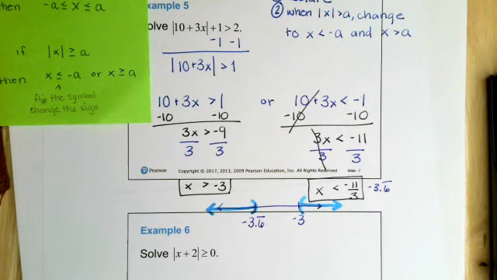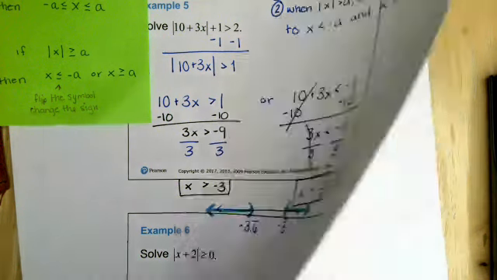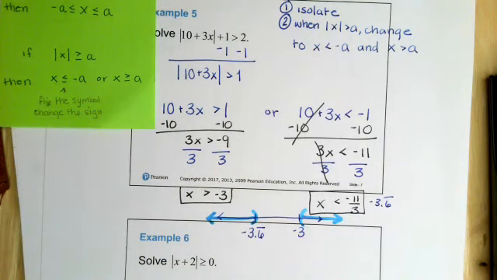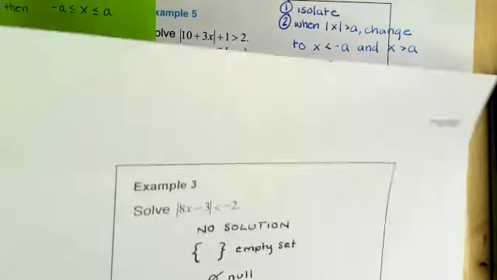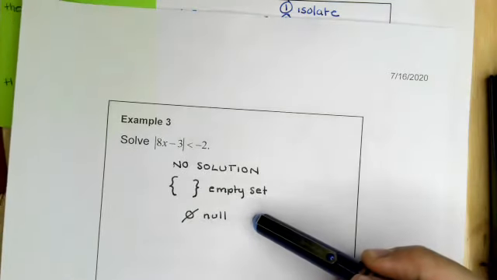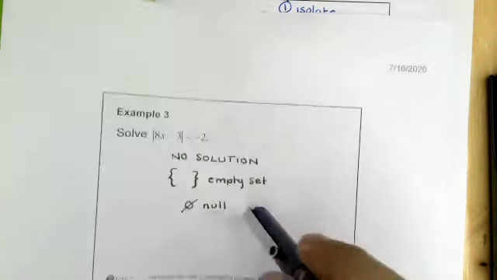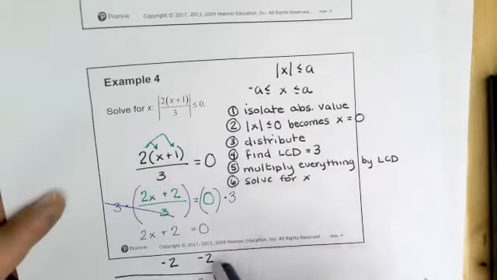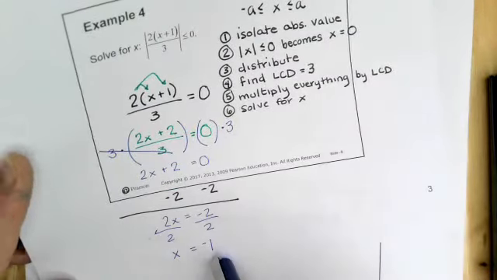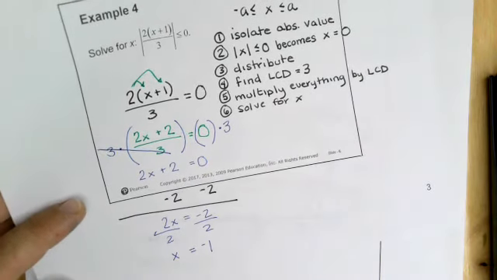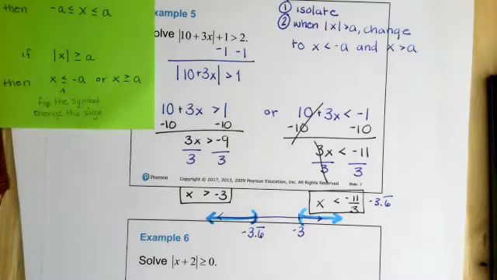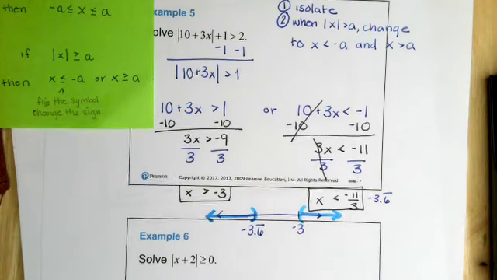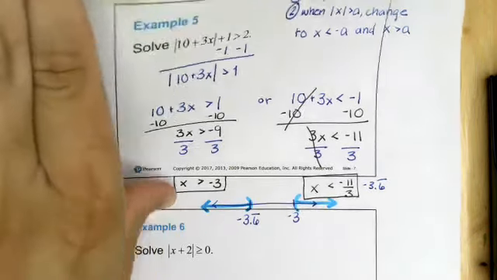Example 3. I'm not going to be able to find all of these. All right, example 3 had no solution, so there is no interval notation. And then example 4 only had one answer, right? X is -1. So the whole set is x is -1. All right, example 6.